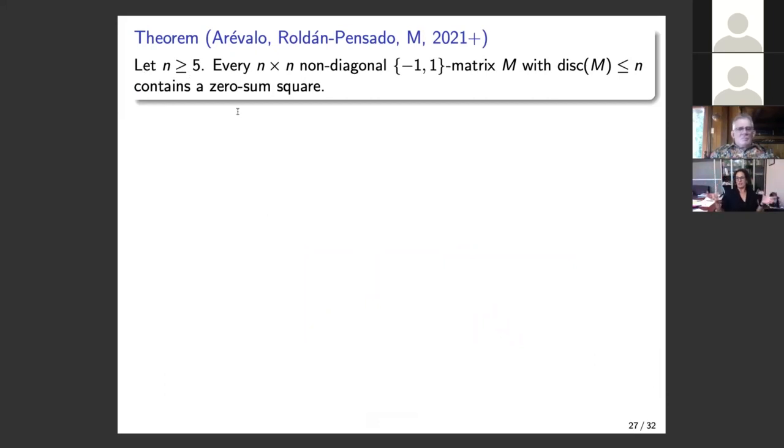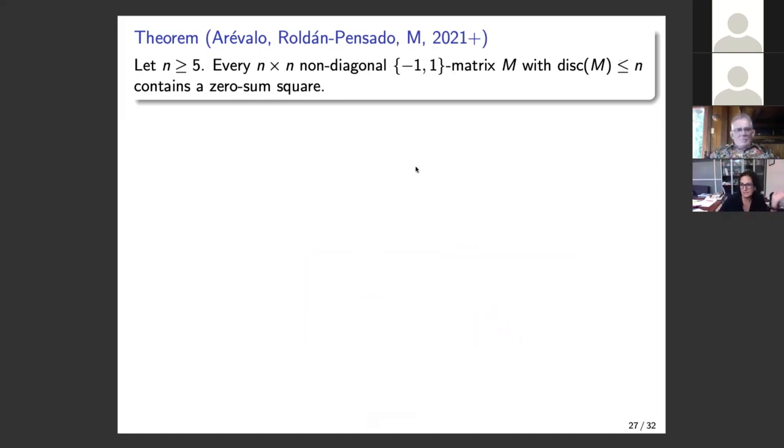You proceed by induction. You have a big matrix, and you split it in 4. Because your discrepancy is small, you can find either a zero-sum square, or you have a negative discrepancy submatrix and a positive discrepancy submatrix, and then you can walk step by step from one to the other until you necessarily reach a zero-sum square.